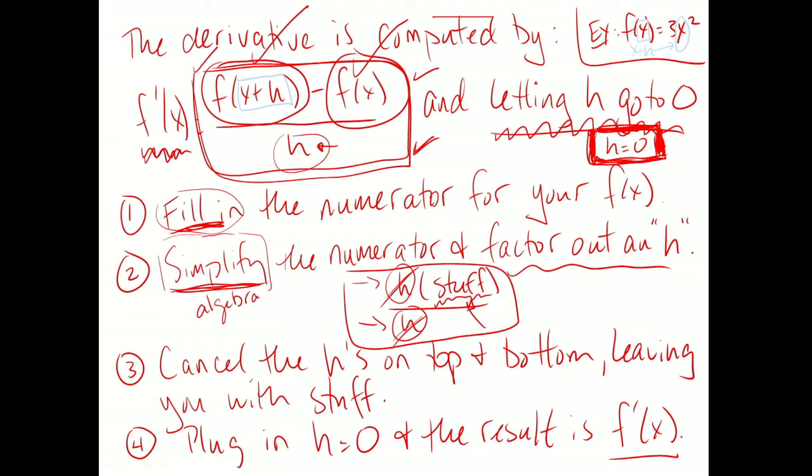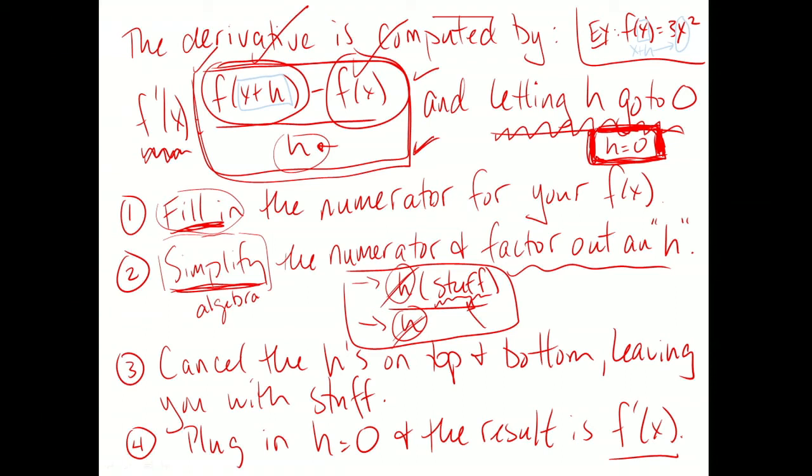And our strategy only really works if I choose h's that are very, very, very small. In fact, and this is where you have to use your imagination a little bit, I want them so small that I might as well say they're 0. In other words, by the end of this process, I'd like h to actually be equal to 0.